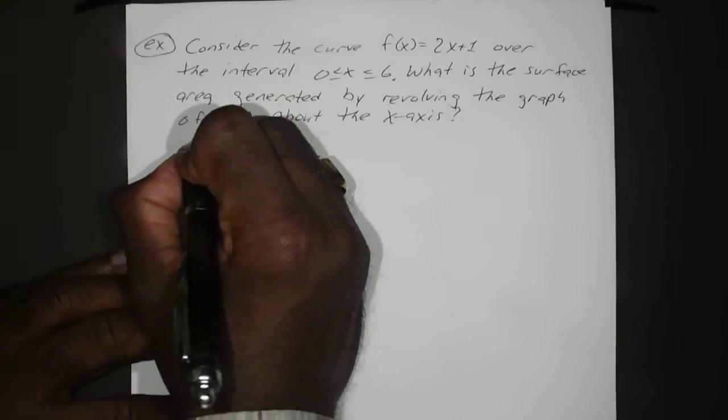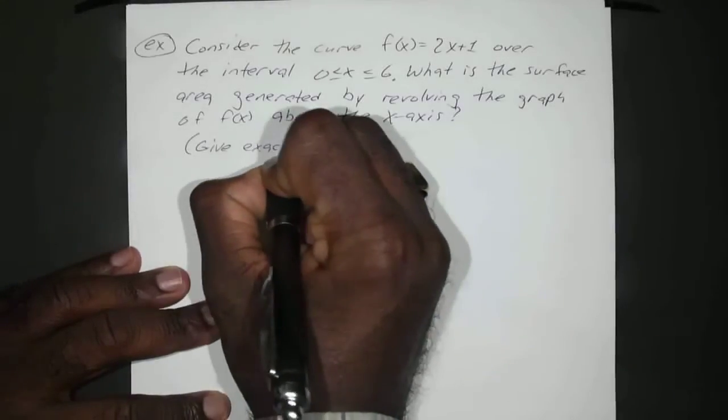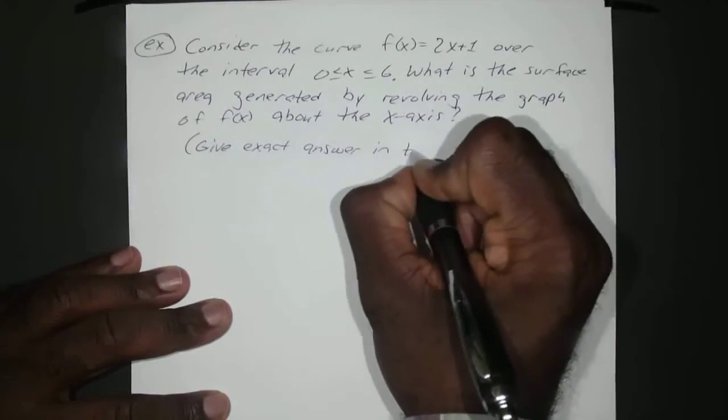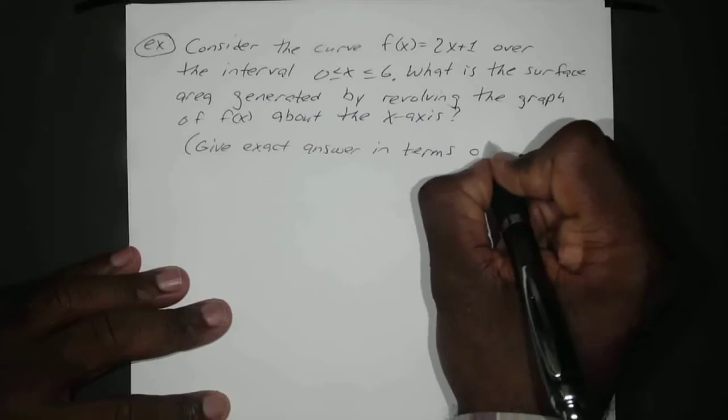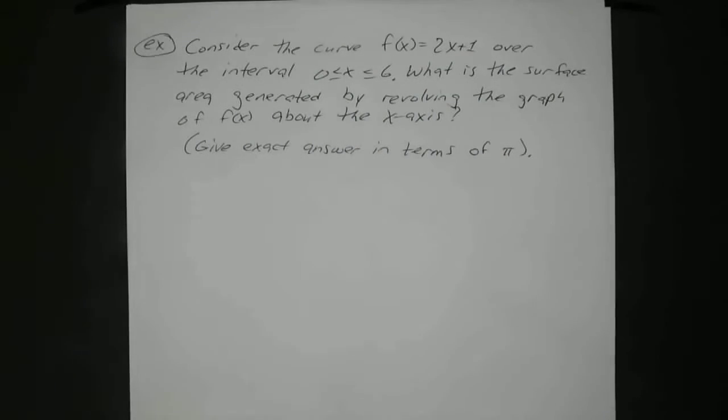Okay, so let's say you want to give the exact answer in terms of pi. So you don't have to give a decimal answer.